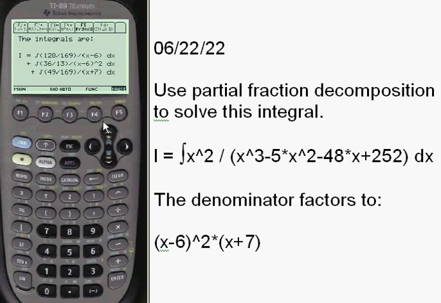So now we've got the integrals set up here. And so we're going to do the integration of each one of these. First, we're going to integrate using substitution. And we have u equals x minus 6, etc., dx.